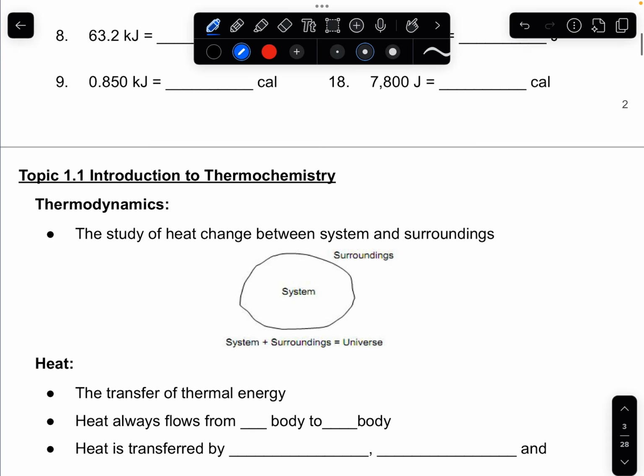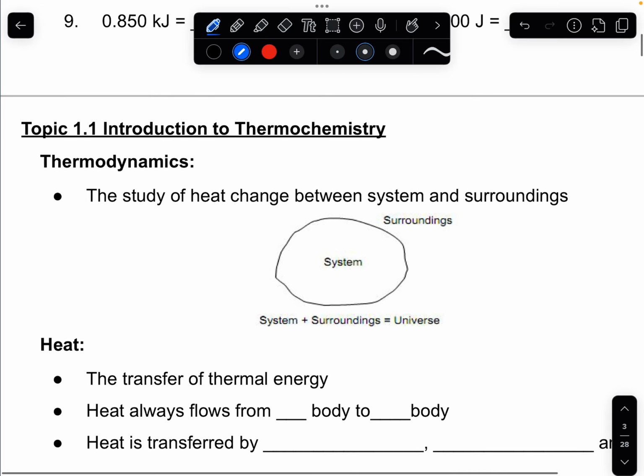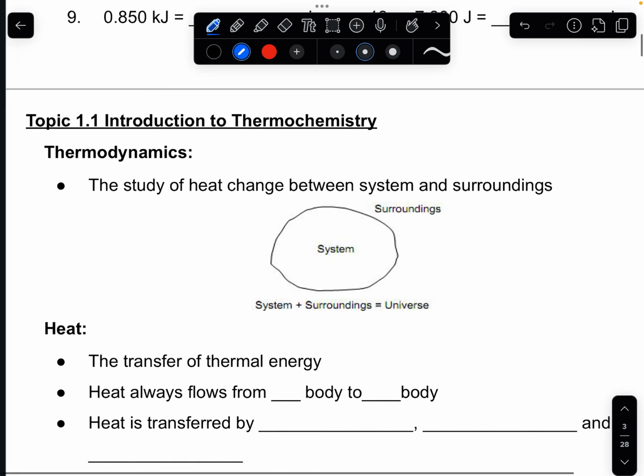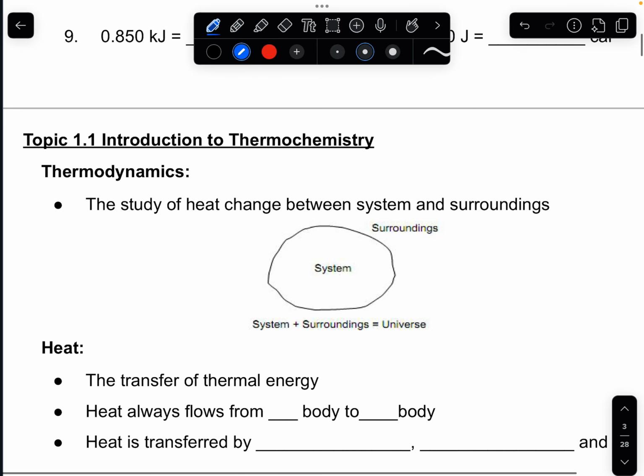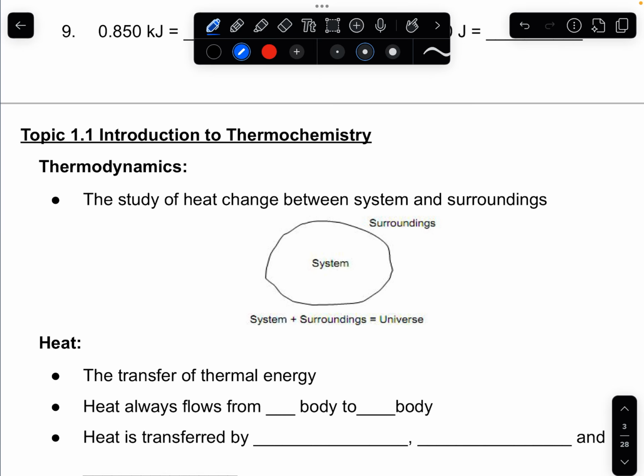Okay, now let's start the first topic, introduction to thermochemistry. Before we start, I said there are some vocabularies we have to learn, right? Okay, the first one, here we won't say reactants, reaction, or products, or reaction proceedings, nothing like that. In thermochemistry, there are only two objects.